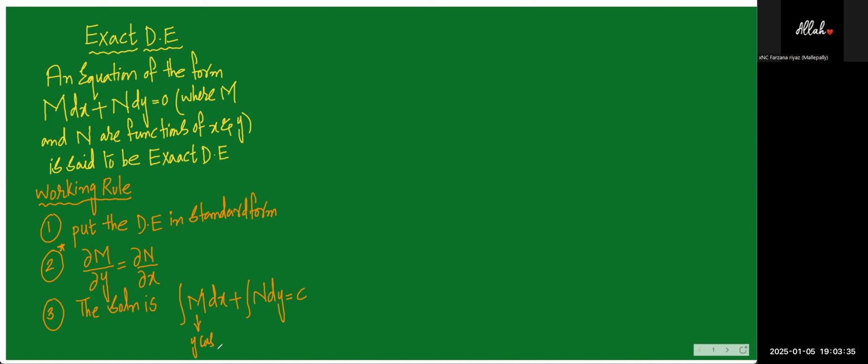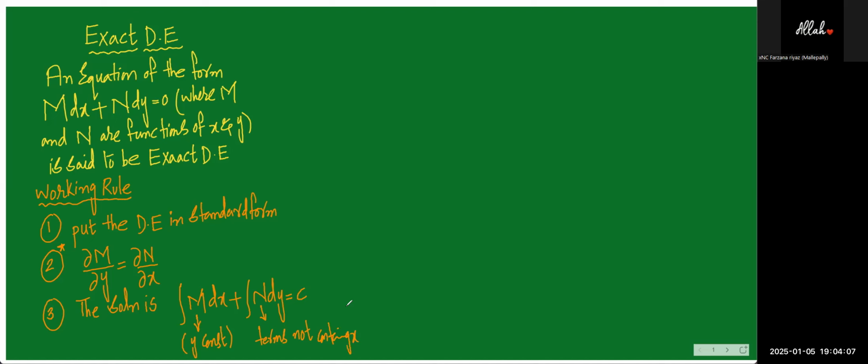And for N, we integrate only the terms not containing x, because already we said that M and N are functions of x and y. This is all about the working rule.